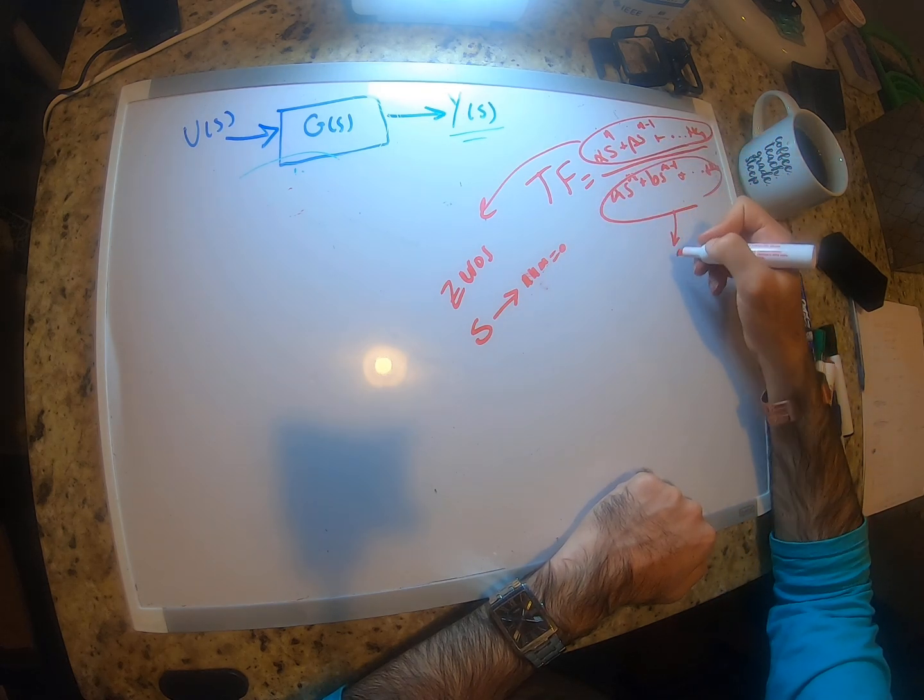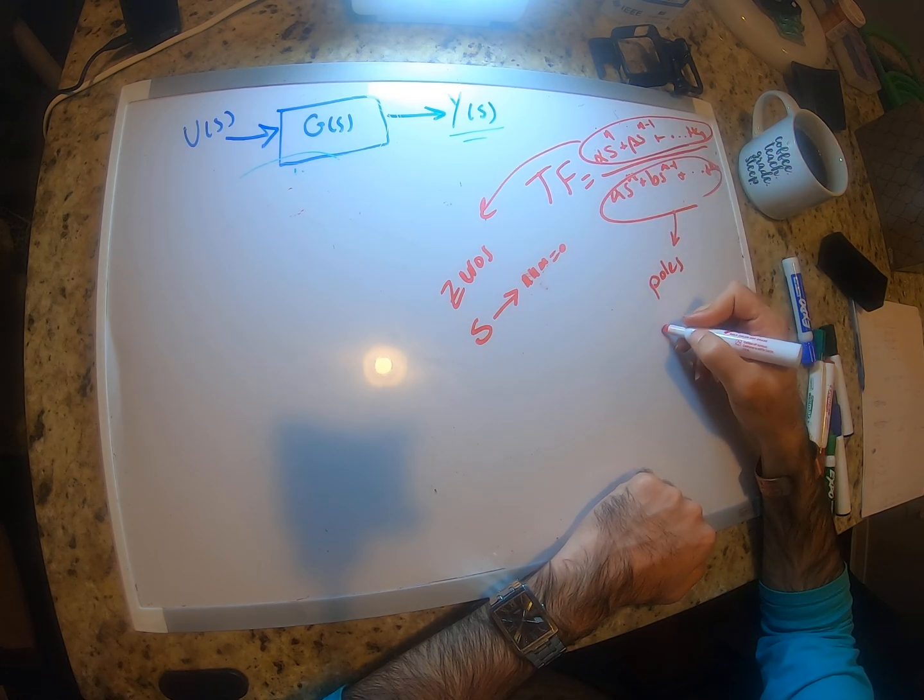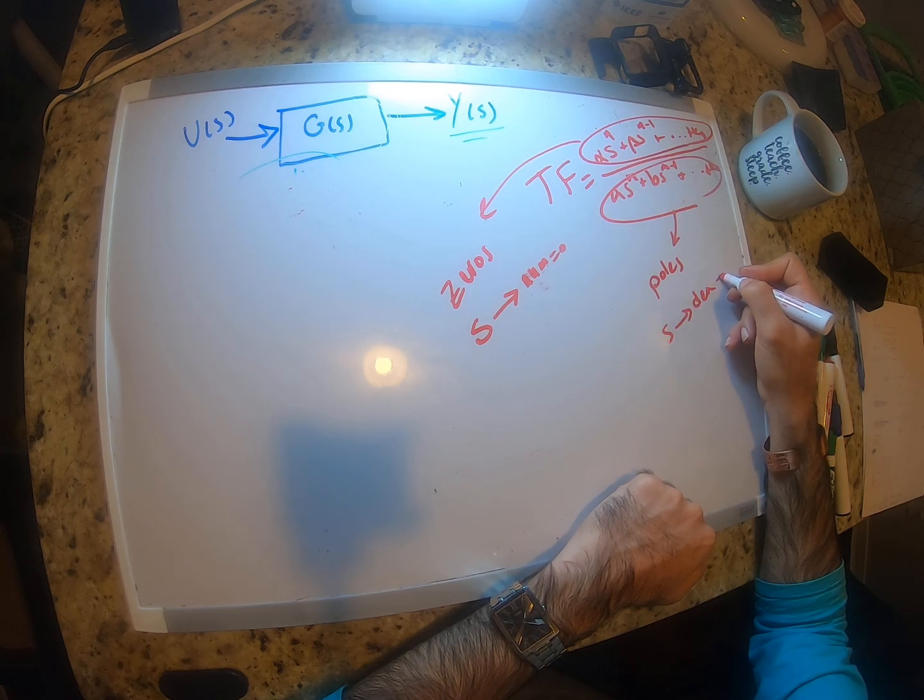Poles are the s values that make the denominator equal to 0.